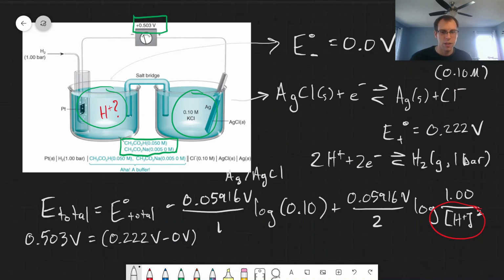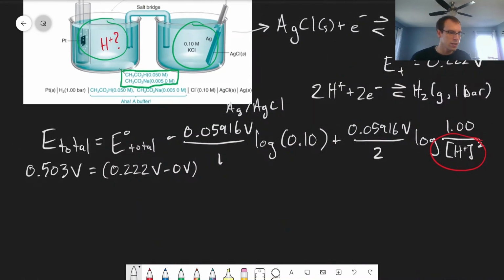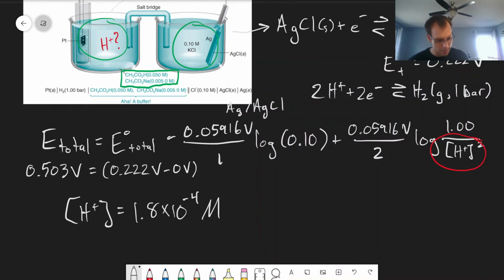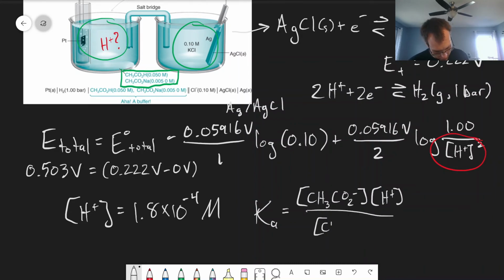Okay, so if we then plug in all the values here, we can solve this, right? And so if we solve this, I won't go through all the algebra, but we get concentration of H plus equals 1.8 times 10 to the minus 4 molar. So this allows us to determine Ka, because we can say Ka is equal to the concentration of acetate times the concentration of H plus divided by the concentration of acetic acid, and plugging in all the values that we have.